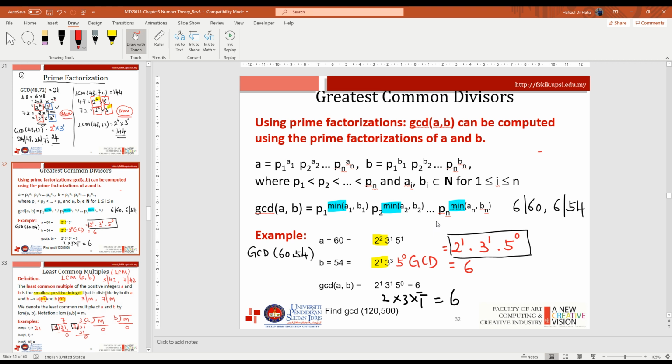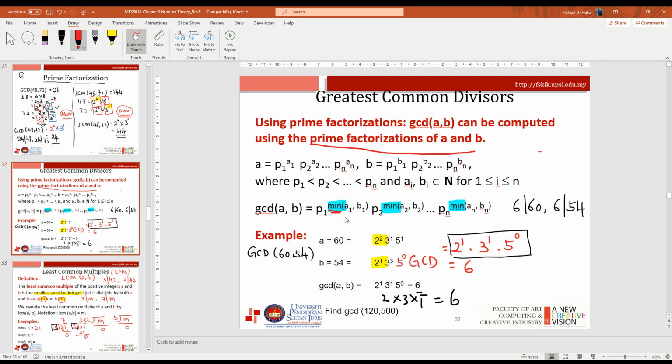Okay, and then GCD, greatest common divisor, can be computed using the prime factorization of A and B. This one I will show to you. Okay, we have A, for example, 60. We have B, 54. Okay, we list out the primes. For the GCD, remember, it is the minimum, not the maximum.